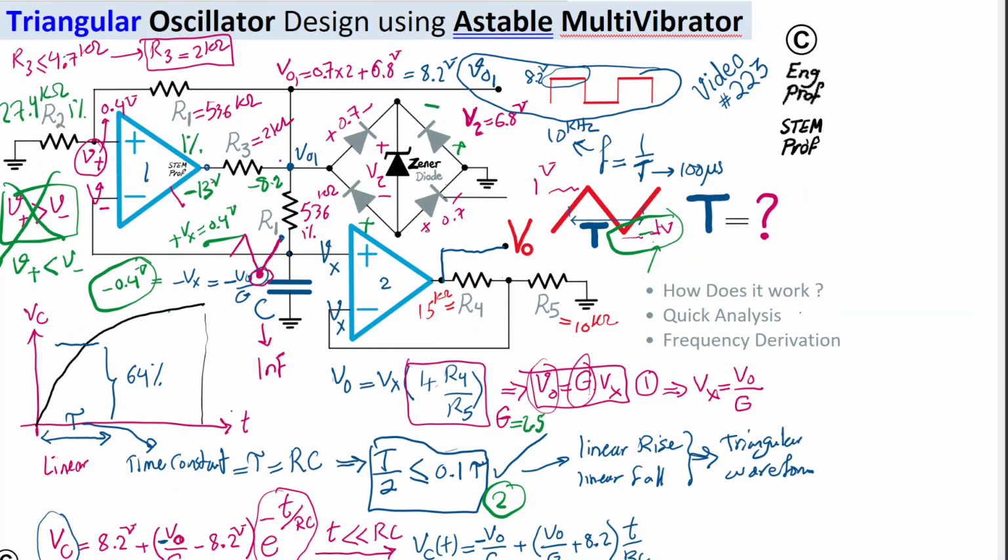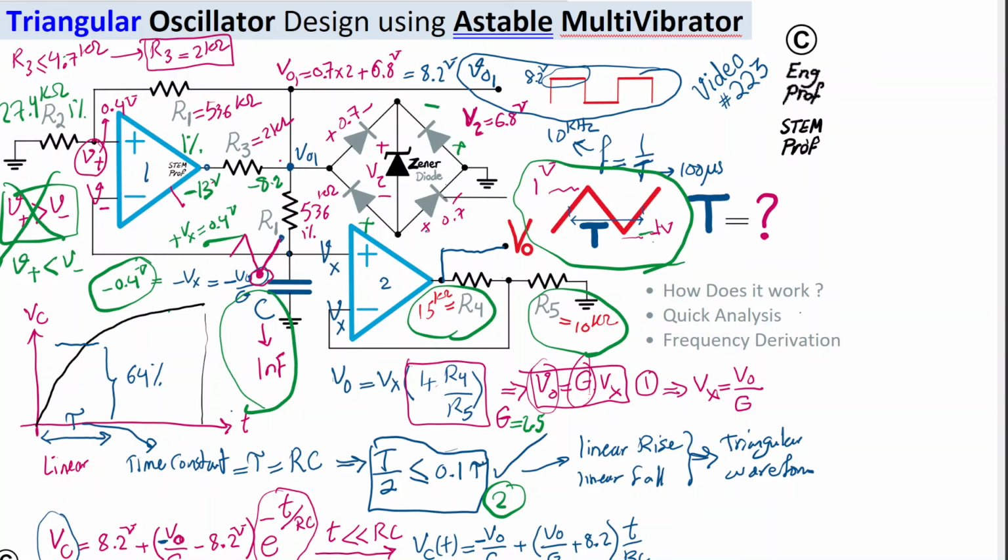So R2 is 27.4, R1 is 536 kilo ohm, C is 1 nanofarad as we discussed, R4 is 15 kilo ohm, R5 is 10 kilo ohm, and the Zener diode is 6.8 volts. With that said, we are able to then generate the plus minus 8.2 volt square wave, so negative 8.2 roughly and positive 8.2, the square wave on top, and the triangular waveform plus minus 1 volt down in the main output of the circuit.